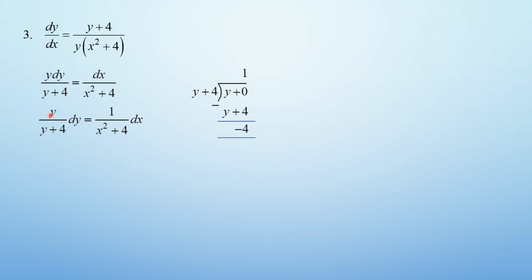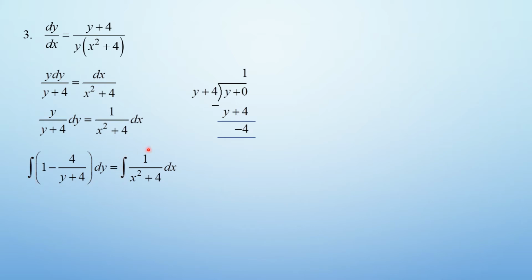So we can rewrite this quotient in the form of 1 minus 4 over (y + 4), where 4 is the negative of the remainder and y + 4 is the divisor. This is an expression which we have rewritten for the given quotient.